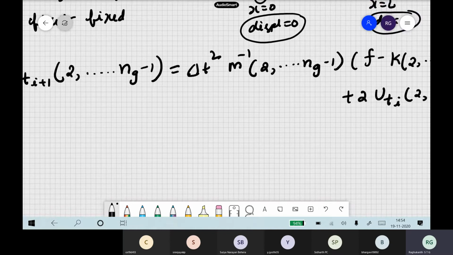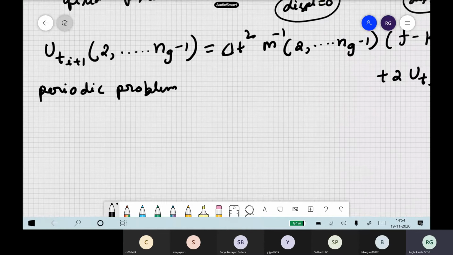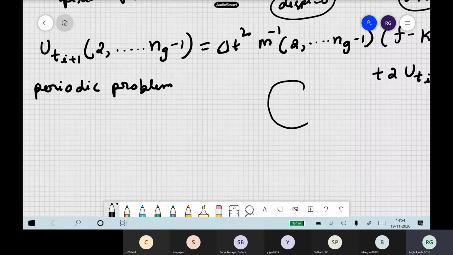Now you can also do this if you are solving a periodic problem. For example, my thing is like a ring. How will you handle this? x is equal to 0 and x is equal to L, both are the same, it has become like a ring.